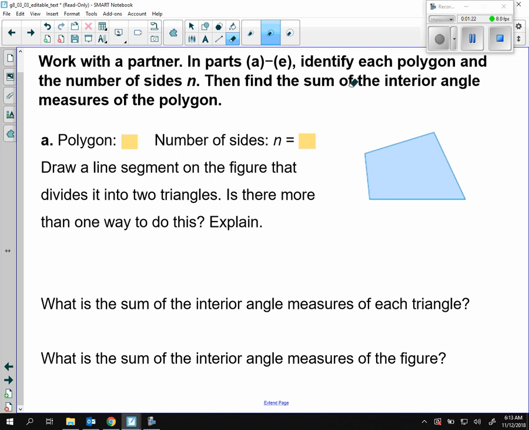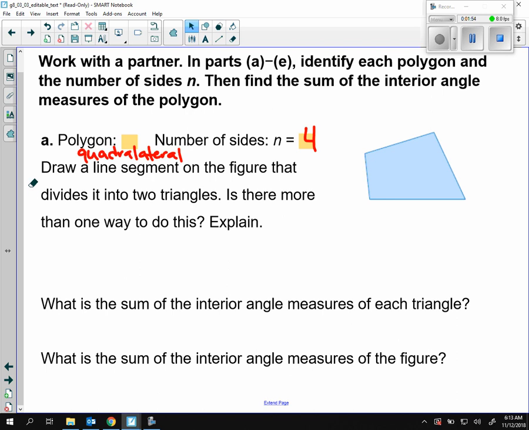So n equals 4. And when you have 4 sides, it's called a quadrilateral. Quad meaning 4. A quadrilateral. It's kind of silly that they gave you such a small space there.